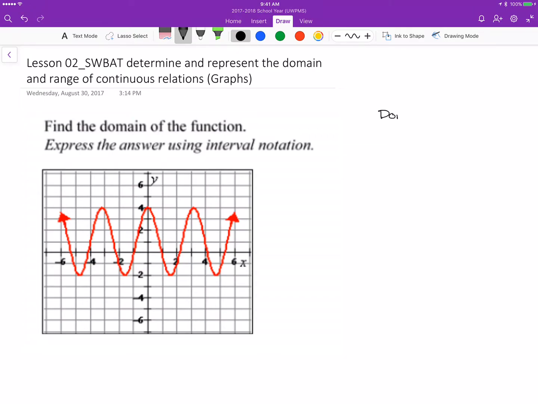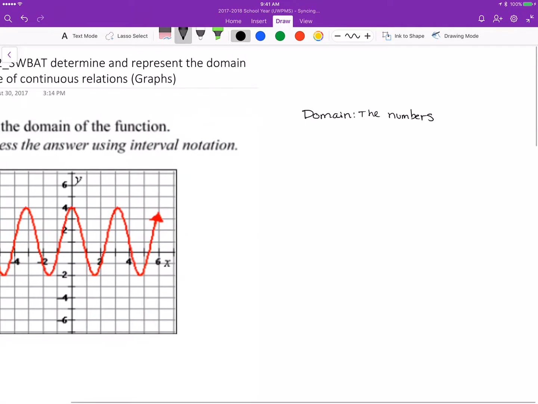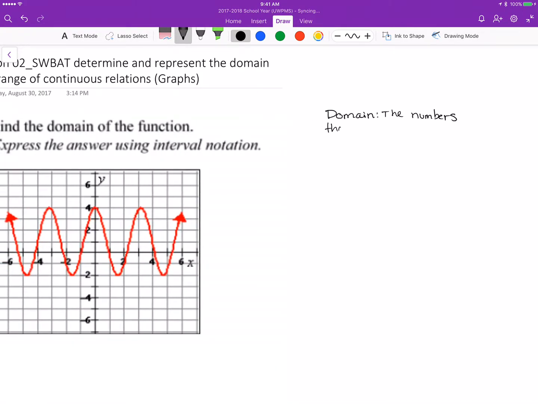The domain are the numbers that we can substitute into a function.